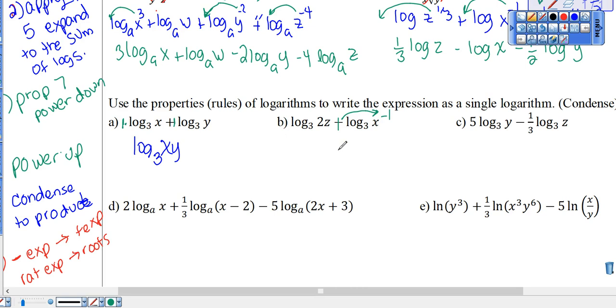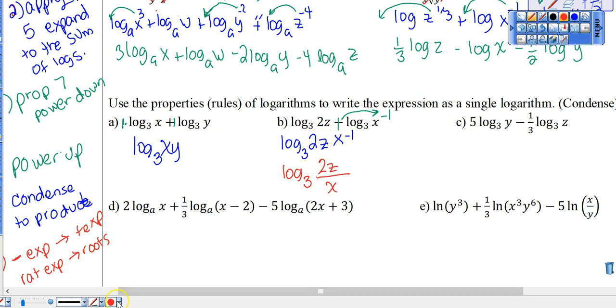Okay, so I'm powering up that negative, changing it to addition, and now I can condense it to the log base 3 of 2z x to the negative 1, and then let's deal with this x to the negative 1. We don't want a negative power, so log base 3 of 2z over x. Done.